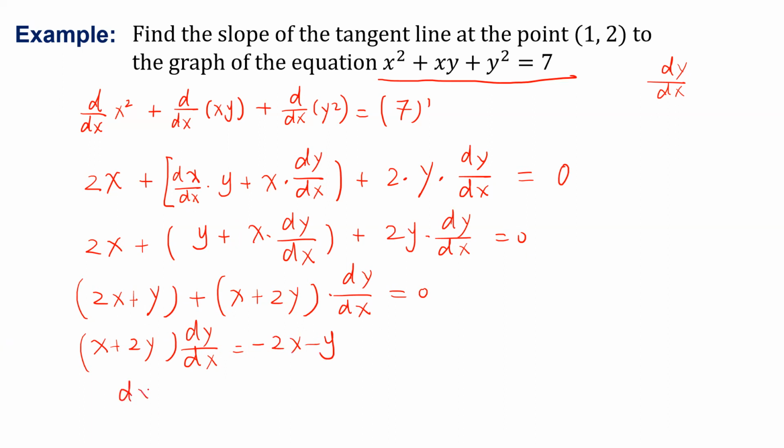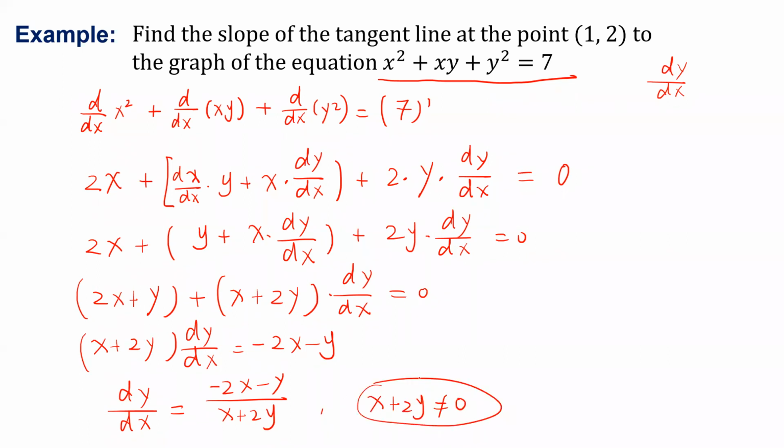Therefore, we have dy by dx equals negative (2x minus y) over (x plus 2y). Of course, for x plus 2y not equal to 0. Okay, this is a limitation for our variables.